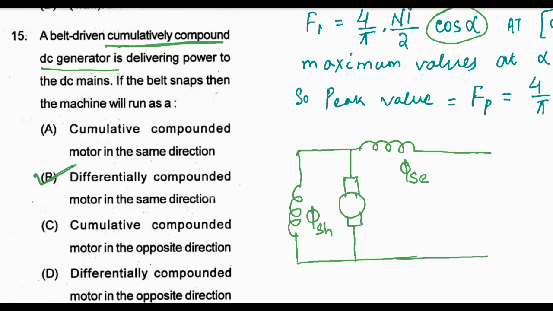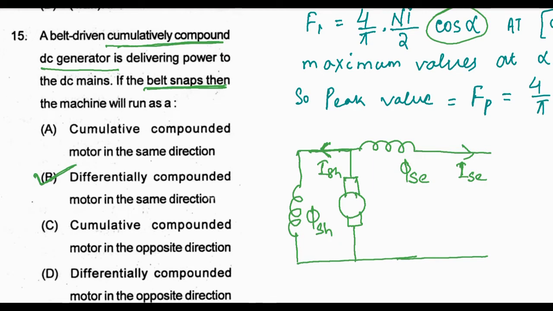That means phi SH plus phi SE is responsible for generation of the voltage, and current is flowing in this direction. And in the shunt winding, this is the current direction ISH. This is ISE, the series field winding.